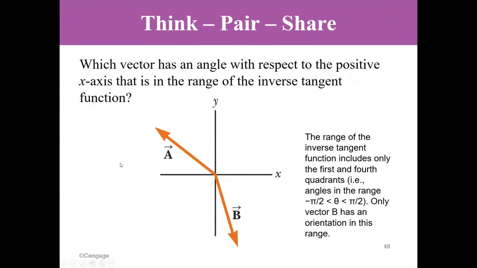Which vector has an angle with respect to the positive x-axis that is in the range of the inverse tangent function? As you know from trigonometry, the range for the inverse tangent function usually means the angles between minus pi over 2 and plus pi over 2, which means the first and fourth quadrant.